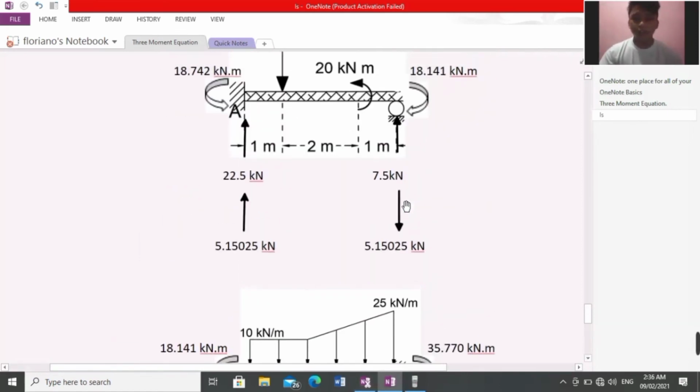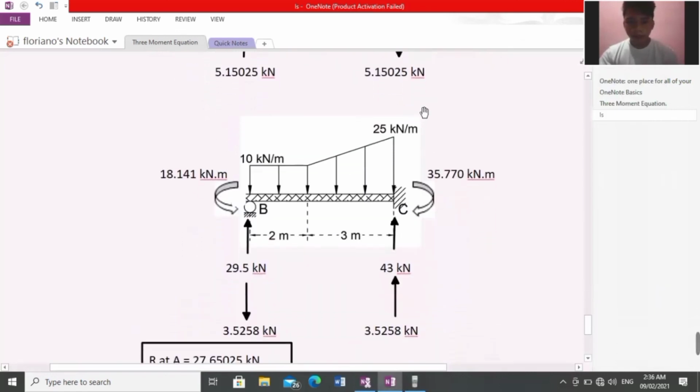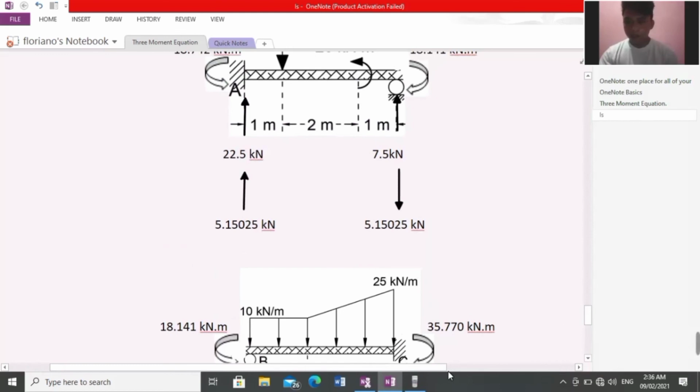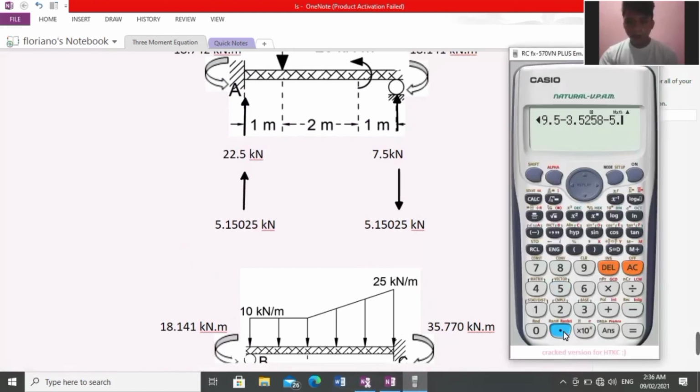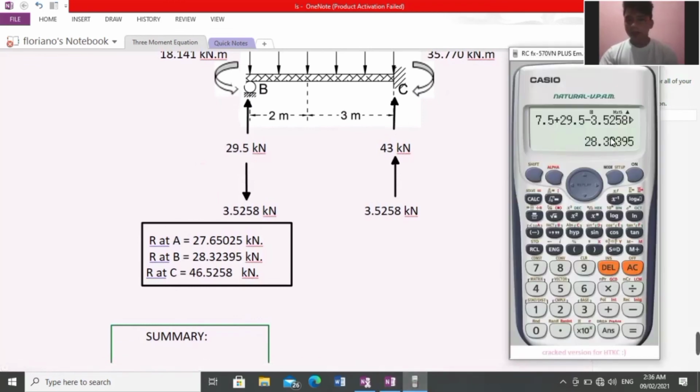So, yan. So, dito naman tayo sa B. So, i-add natin lahat ng upward. 7.5 plus. Tingnan natin itong kung merong upward dito. So, merong isang upward na 29.5 minus downward na 3.5258 minus 5.15025 is equals to 28.32395.